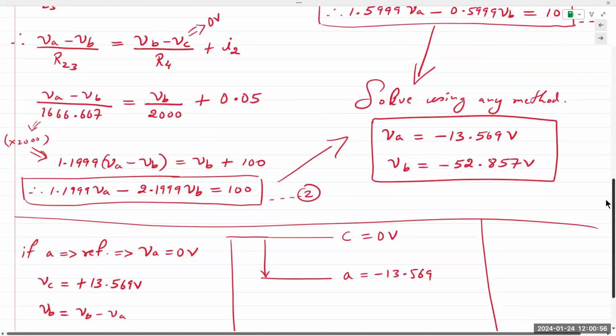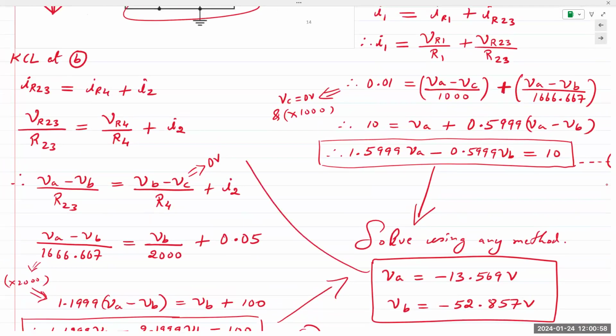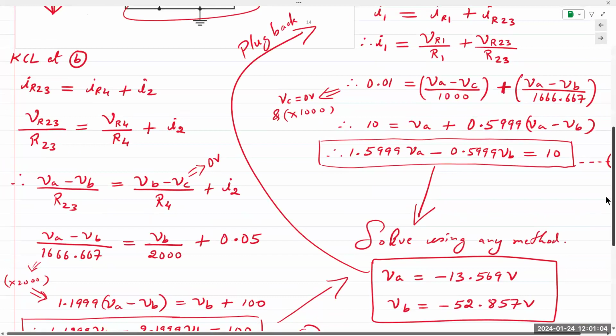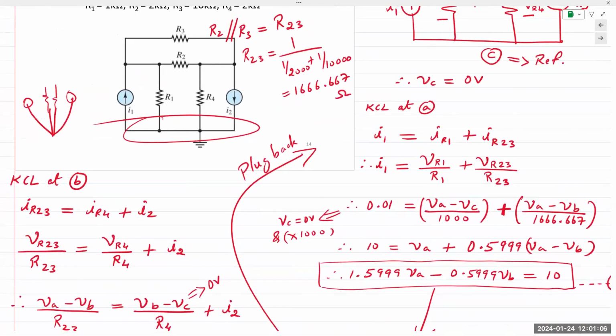One final point. Once you have these node voltages, you plug them back into these equations. VR1 is VA minus VC. Now you have the answer for VA, you plug it into that equation and you get the voltage across R1.